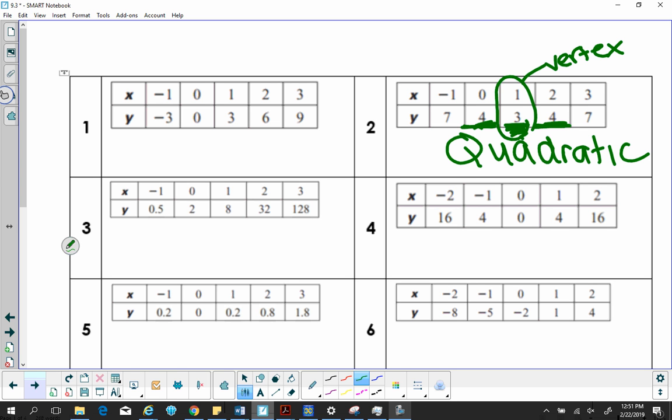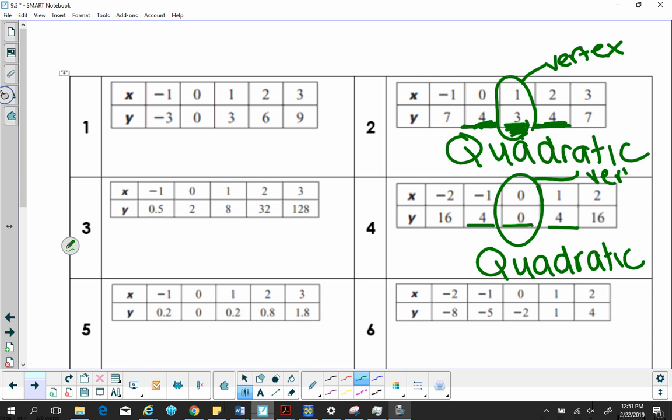Who can look at this? On the screen, there are 2 other quadratics. Who can name one of them for a brain buck? Jordan. Number 4. Does everyone get how he got that? He knew it was quadratic because he saw the bump. He saw it went from 4 to 0 back to 4.